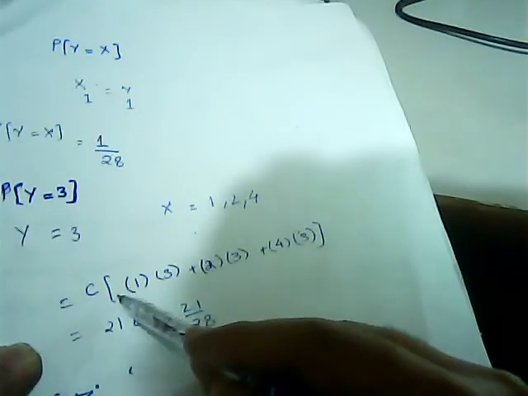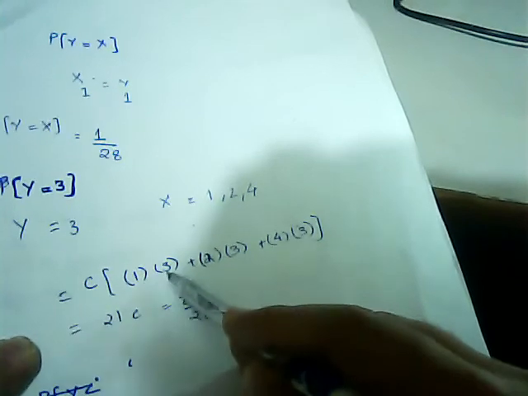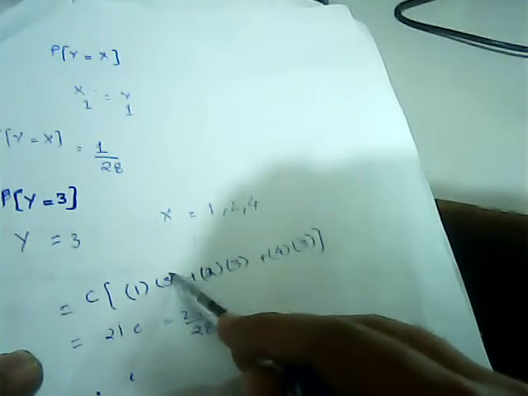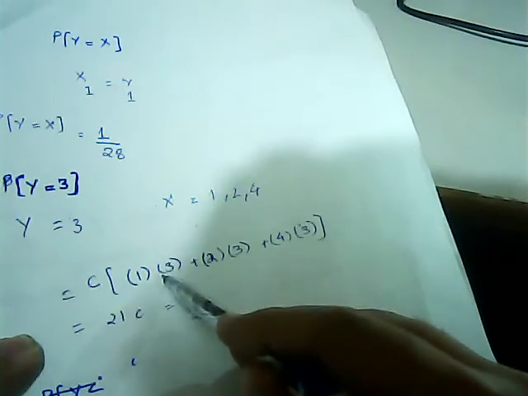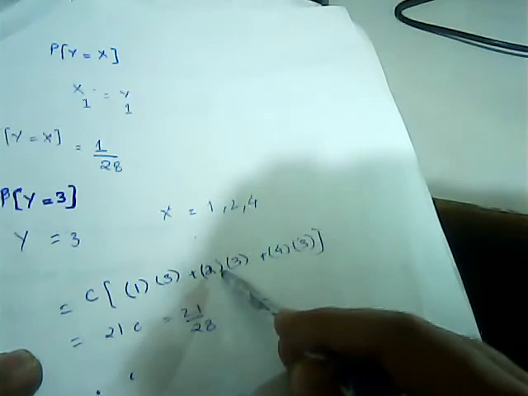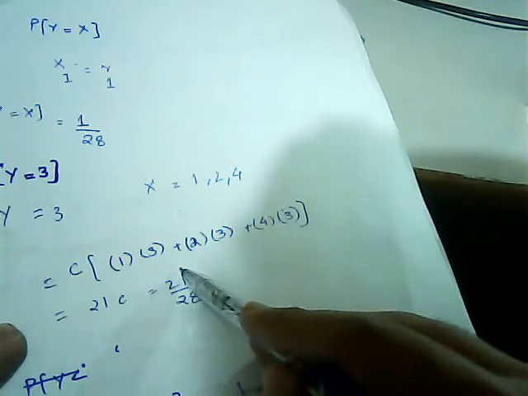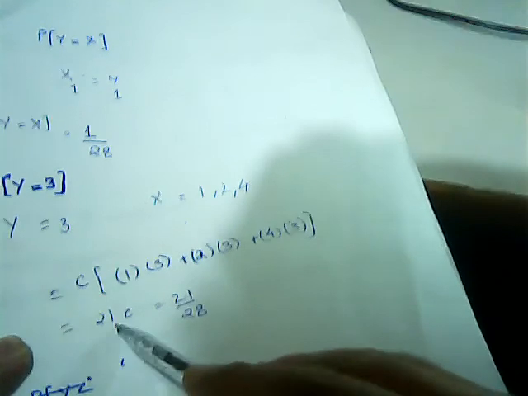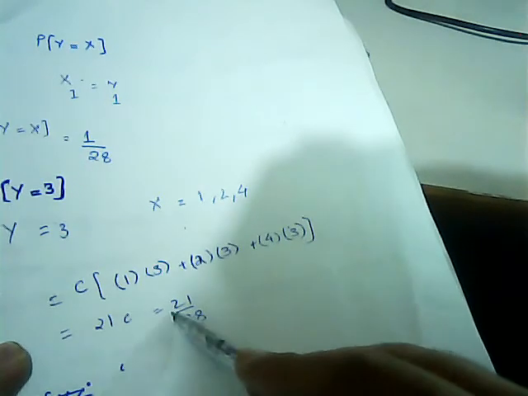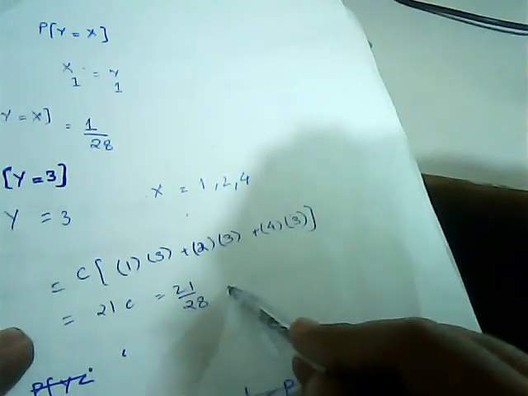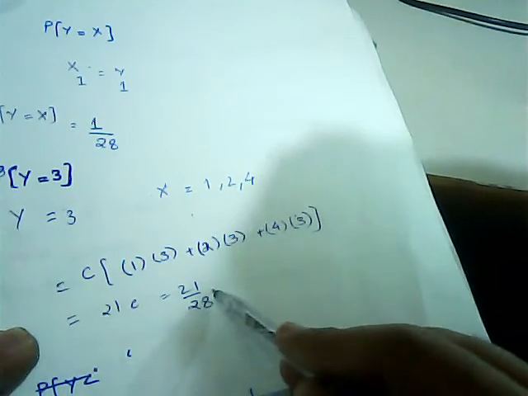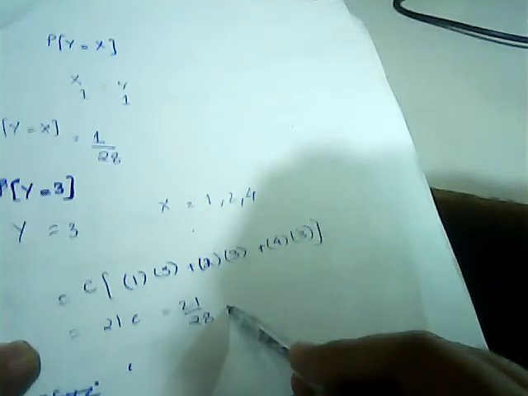Putting it into the formula, keeping y constant, and varying the values of x as 1, 2, 4, and then adding it up, we get 21c, and c, as you know, is 1 over 28, so we get 21 over 28 as our answer.